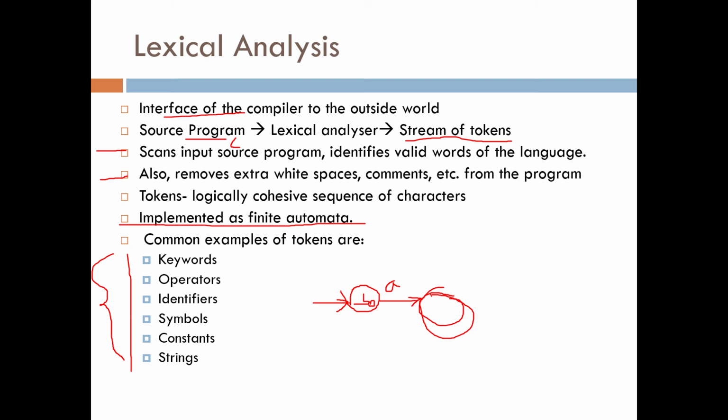After it encounters V, O, I, D and then gets to know a space is there, it knows that before the space the word was void, and it then checks whether void can be part of any token which is specified in the language.